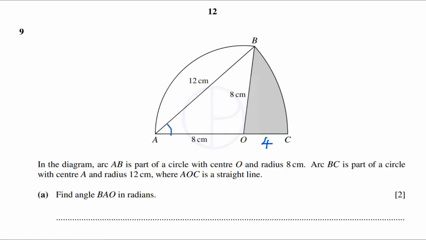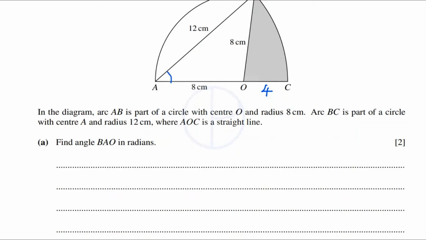Okay. So we need to find the angle BAO. So angle at A. In triangle ABO, we know 3 sides, so we need to calculate the angle. If we know 3 sides and have to find only the angle, then we will be using the cosine formula.